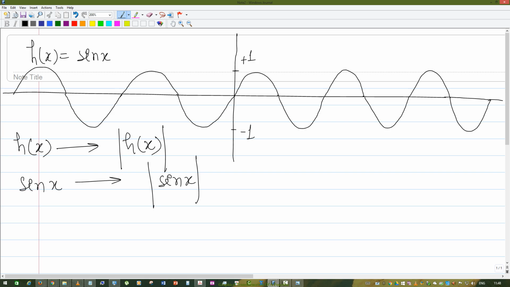Now we transform h(x) to modulus of h(x), that is, we transform sin x to modulus of sin x. First things first, the x-axis acts as a mirror.